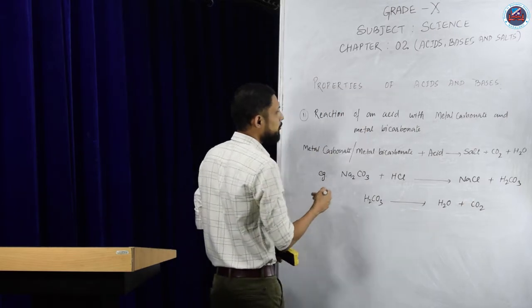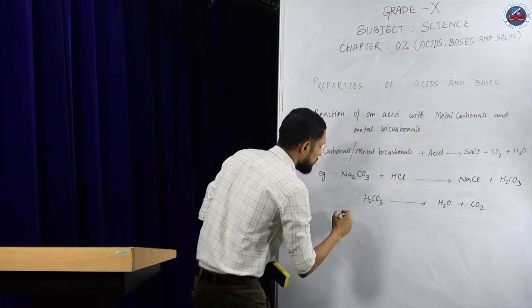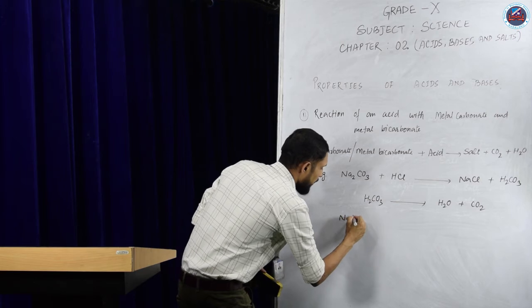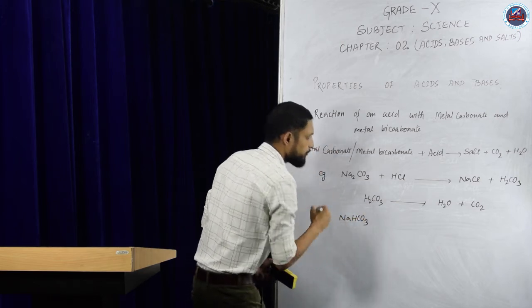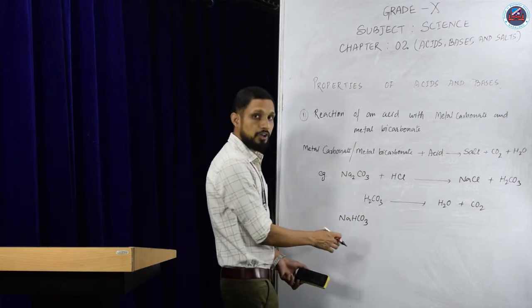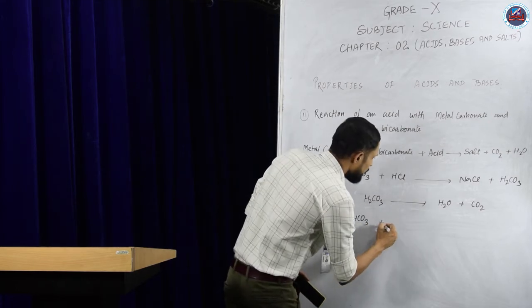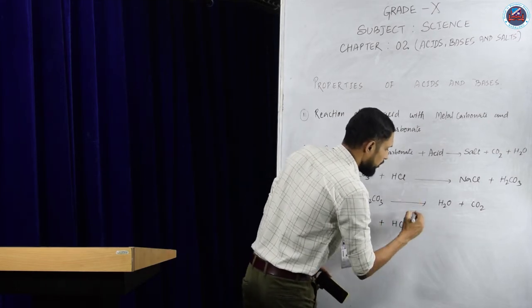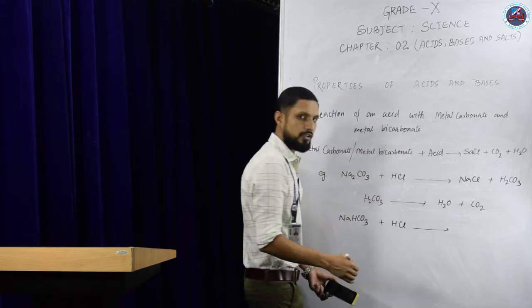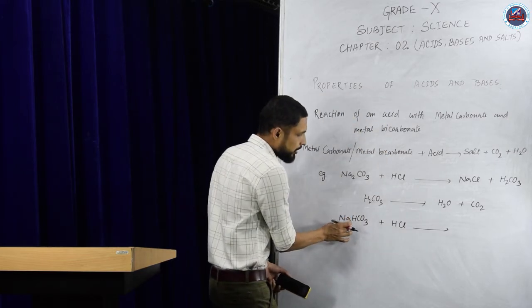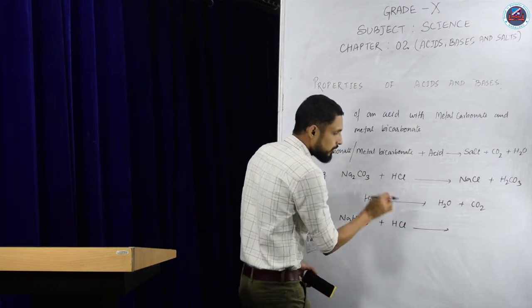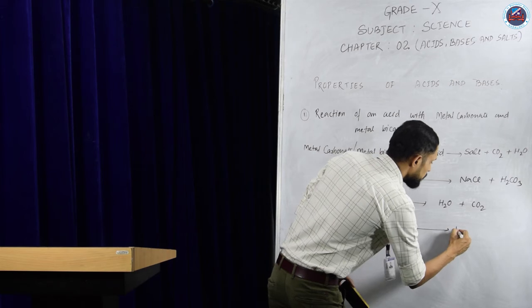Let us see the reaction of acid with metal bicarbonate. So we'll take NaHCO3. Metal bicarbonate, its name is sodium hydrogen carbonate. If it reacts with HCl, acid, again sodium will take chloride and will form sodium chloride.